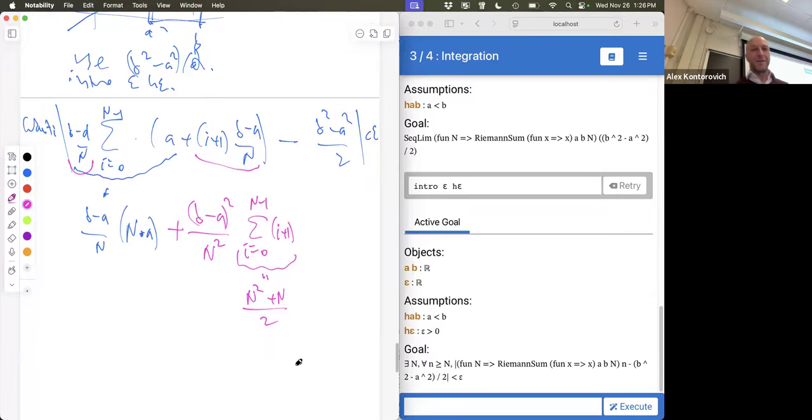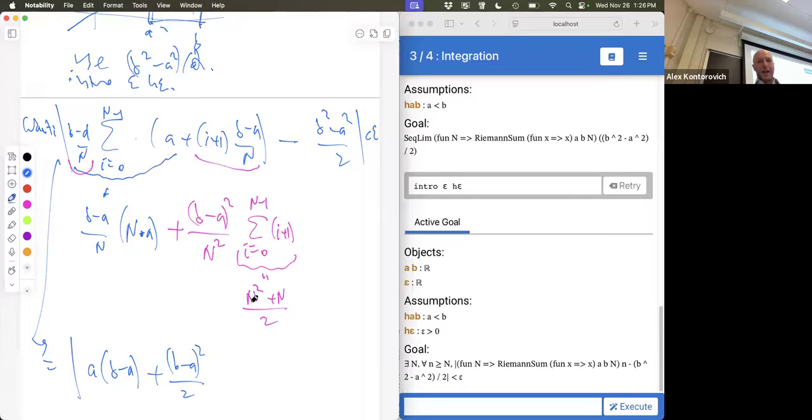Okay, so let's just write everything. Let me go back to a normal color. So this whole thing is equal to the absolute value. I have this part. I guess the n's on top and bottom can cancel. So I have a times b minus a, plus, let me write this as b minus a quantity squared over 2.